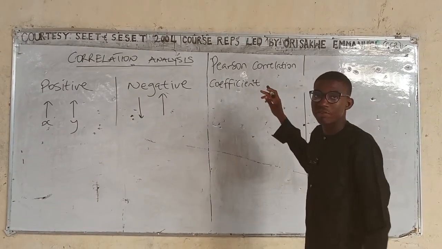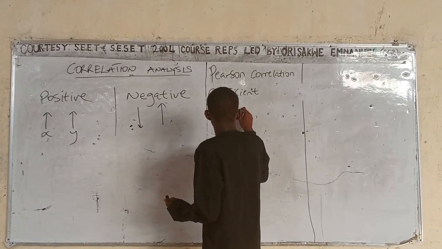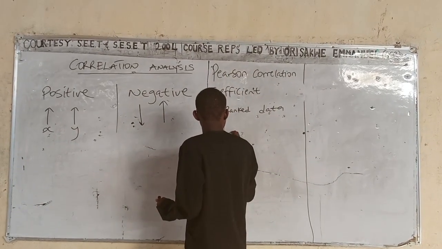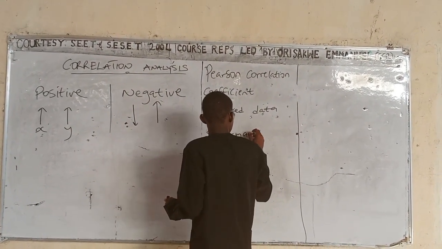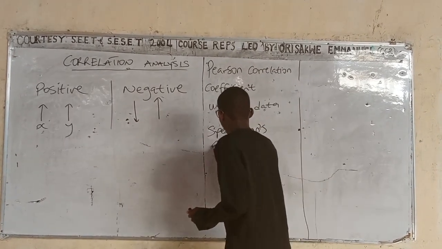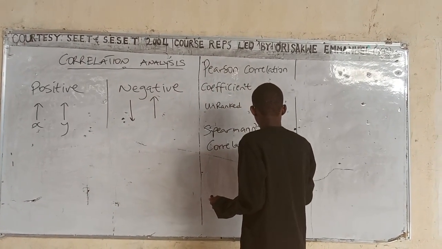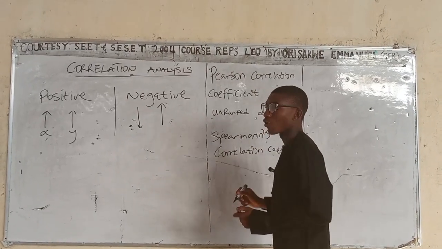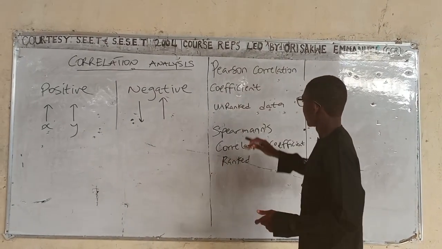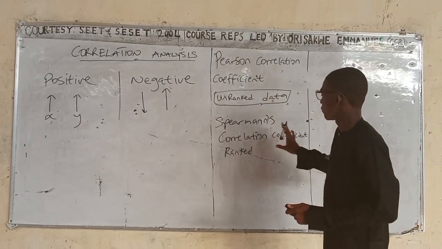The Pearson's correlation coefficient is for unranked data. Whereas the Spearman's correlation coefficient is for ranked data.